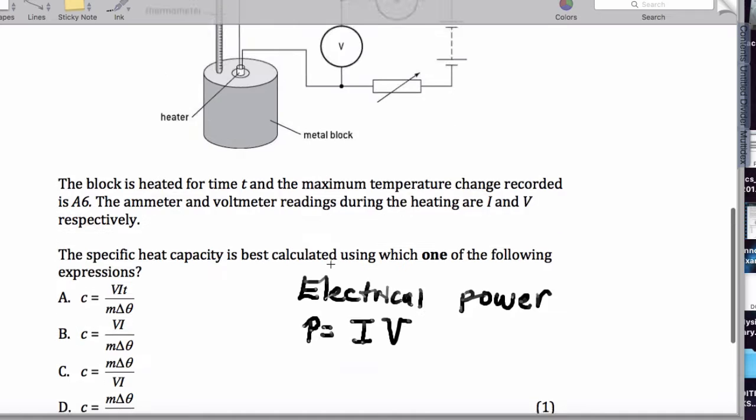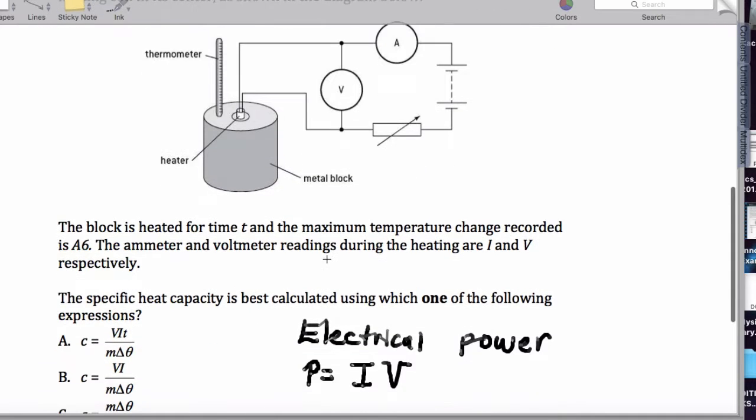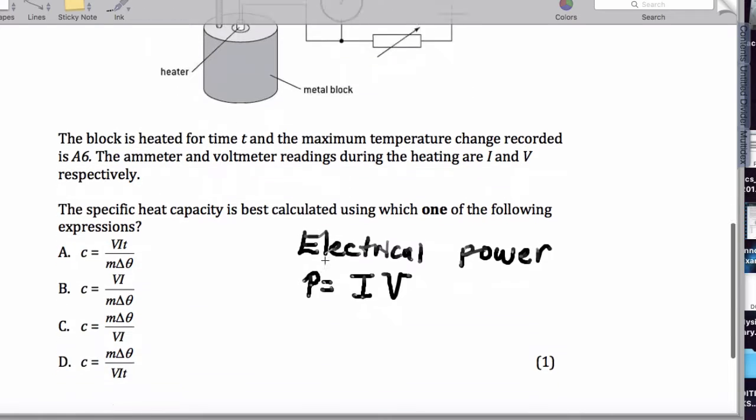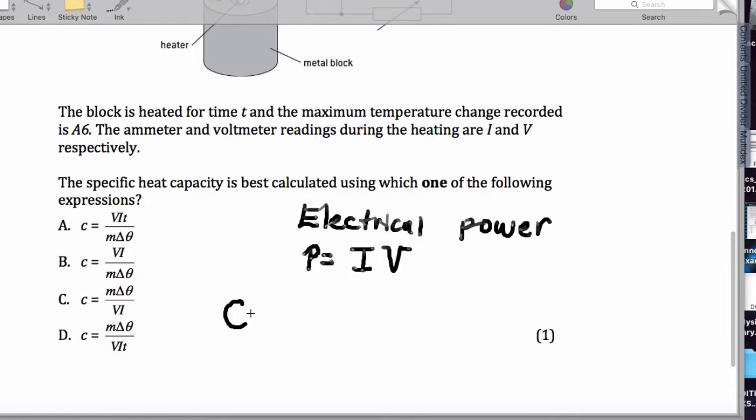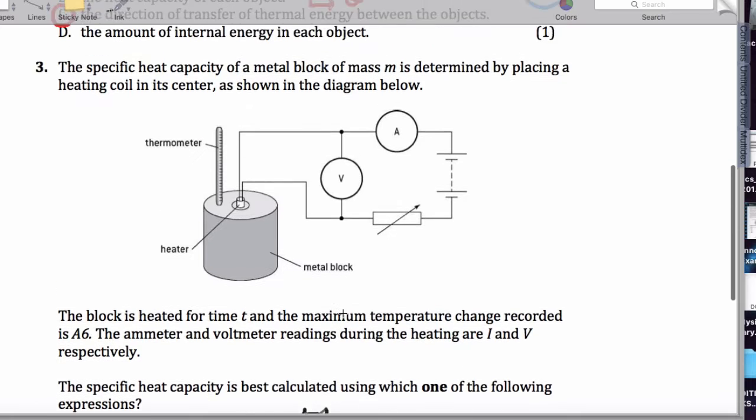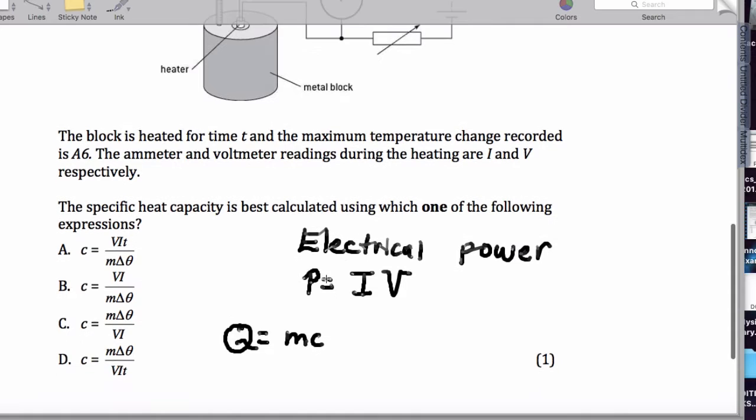So when we're doing a problem like this where heat is not being exchanged, it's simply being dumped into a system. The formula we always want to use is Q equals mc delta T. Now, let's be clear.